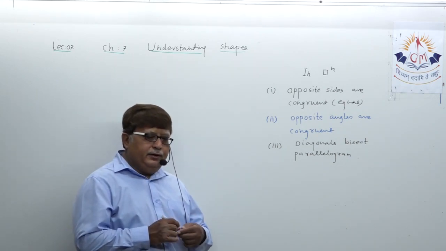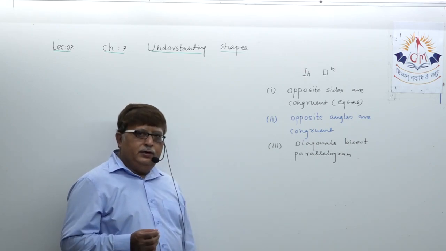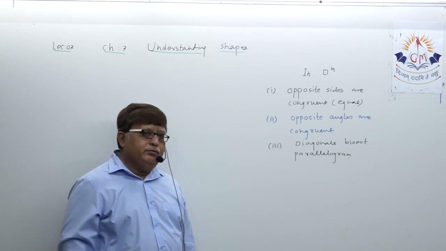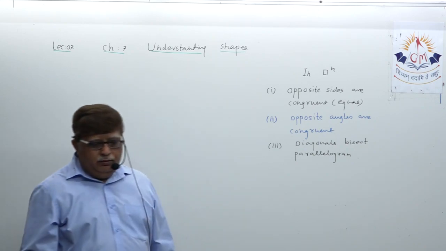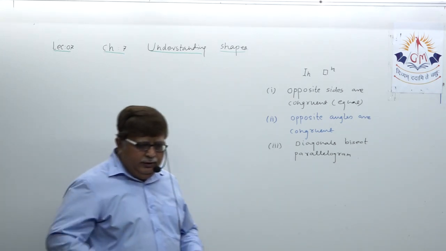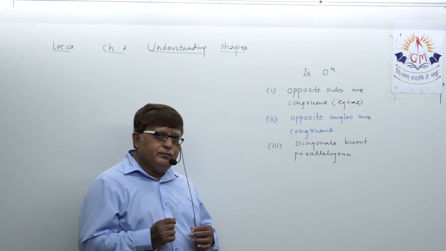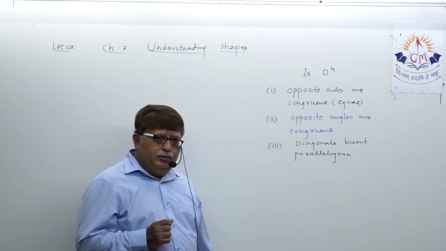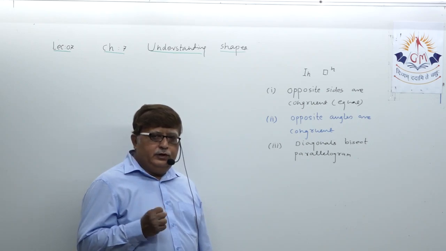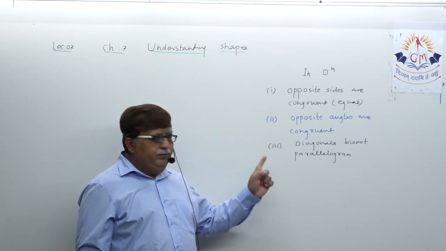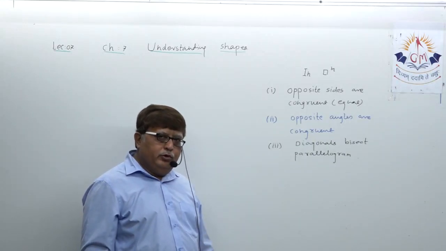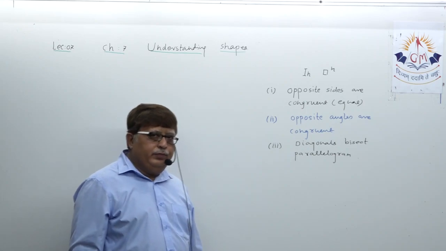And why I am writing this and why I am highlighting this property, because at the end of this lecture, we are going to solve some such examples which are going to utilize all these properties regarding parallelogram.